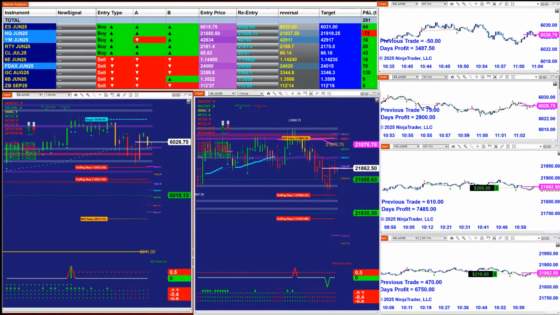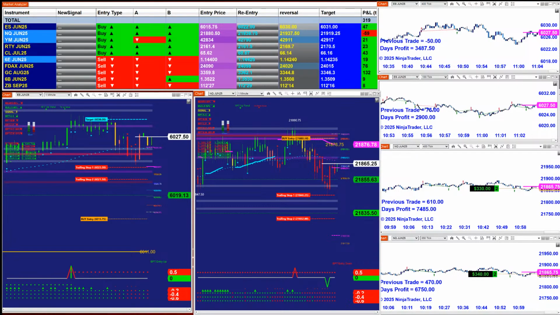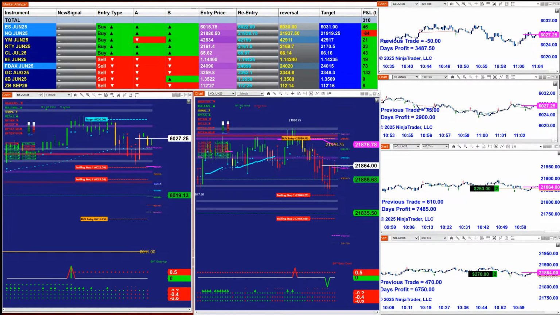But you cannot tell an amateur trader to take reversals, because reversal can bite if you don't know what you're doing. So identify the trend, pullback re-entry, or reversal. And reversal, not too many people know how to reverse the market.